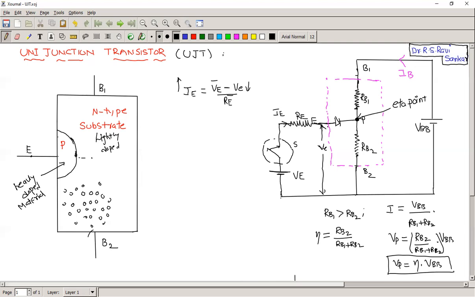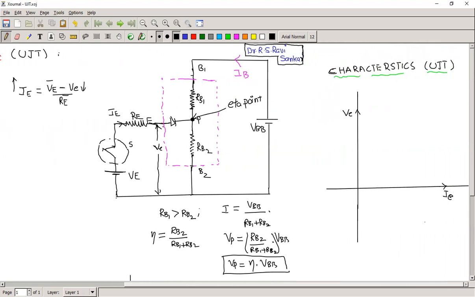Now we are going to see the characteristics of this UJT. Initially, we apply the voltage here, through the switch. This is the variable resistance. If this voltage is less than the eta point voltage plus the voltage drop across the diode VD, then this junction will be reverse biased. Only the leakage current is passing.